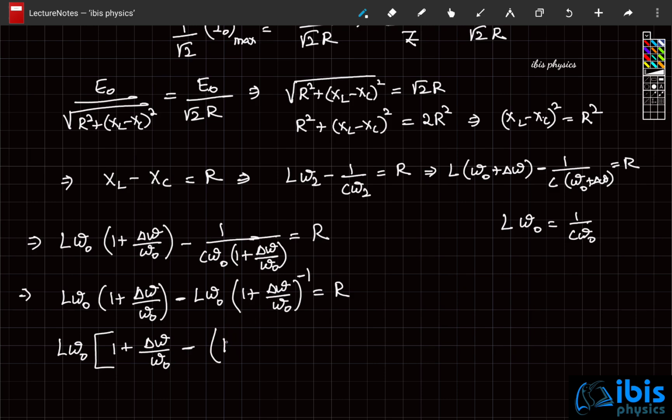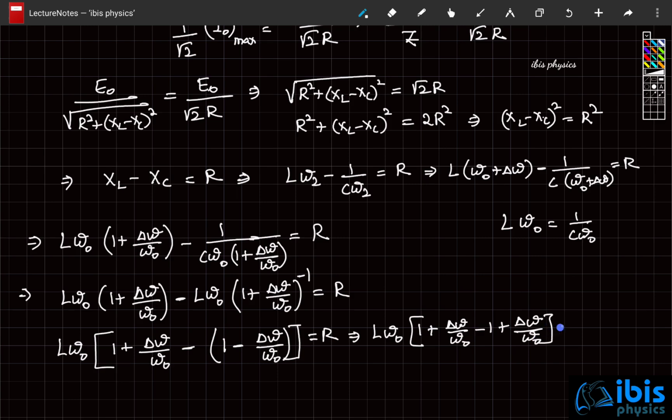Here it is whole power minus 1, so 1 minus nx, and that is equal to R. So when you multiply inside, you are getting L omega naught into 1 plus delta omega by omega naught minus 1 plus delta omega by omega naught equal to R.